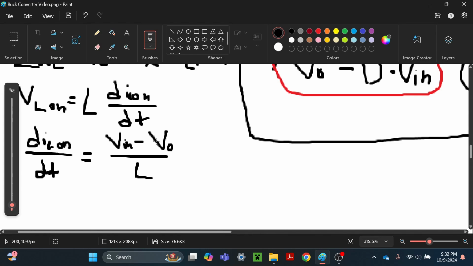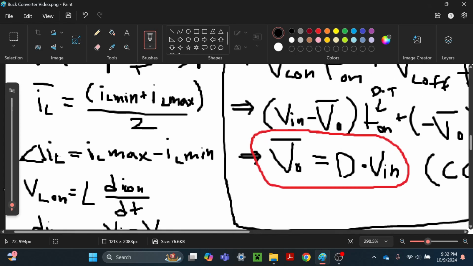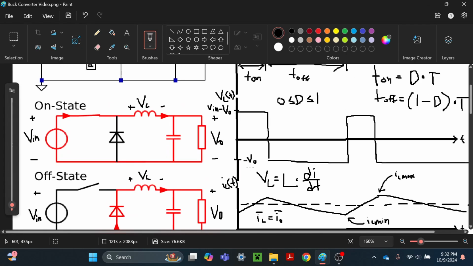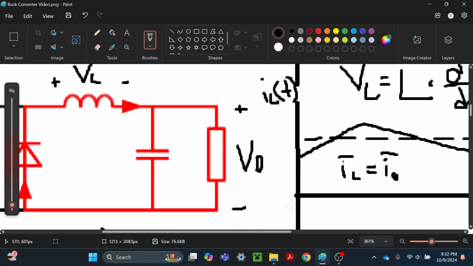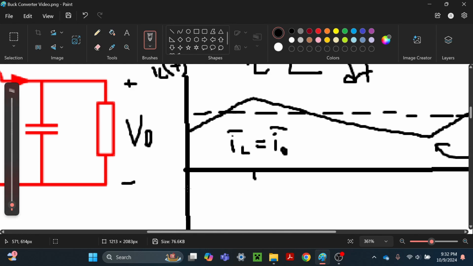So then, if we want to know delta IL over this period of time, right? Say this is 0, this is T on, right?